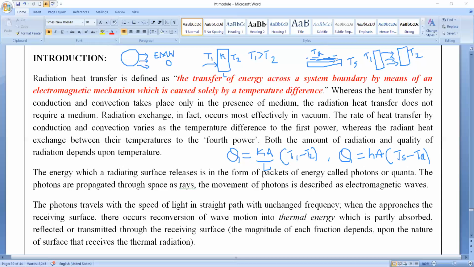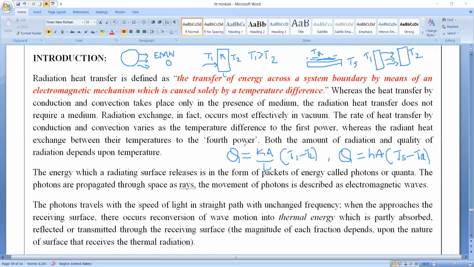Wherever there is convection, we come across the heat transfer coefficient. Between the solid wall and the surrounding fluid, the heat transfer coefficient h decides the convective rate of heat transfer. Here also, the rate of heat transfer by convection depends on the first power of the temperature difference.